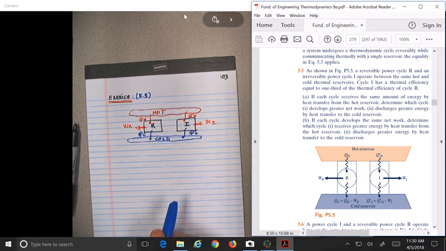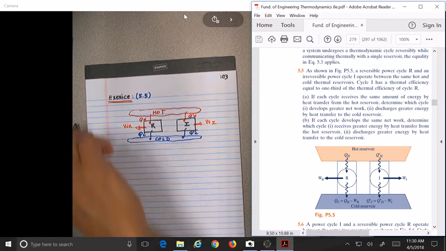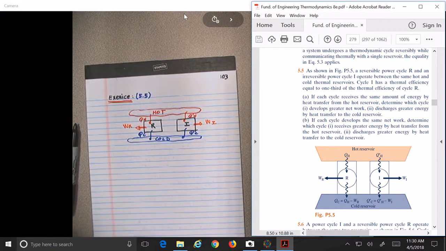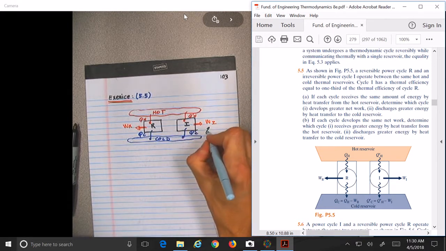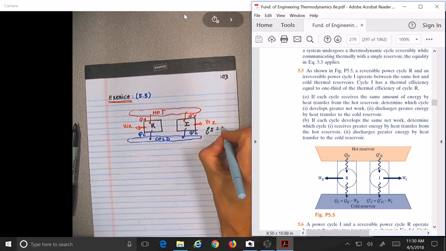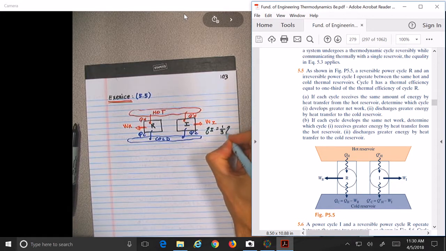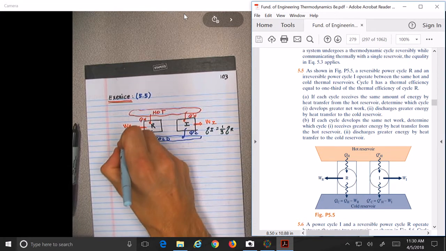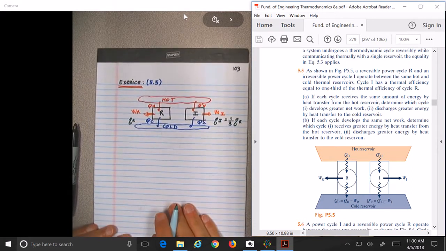Okay, but we know those things. So what else do they say is that the thermal efficiency of the irreversible equals 1/3 of the reversible cycle.